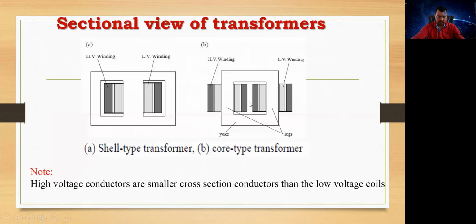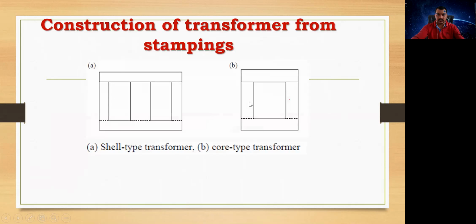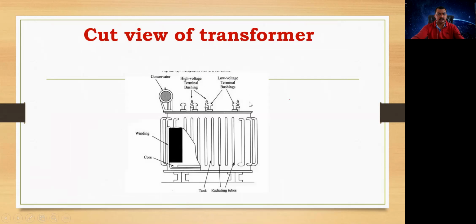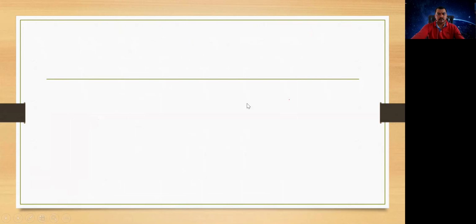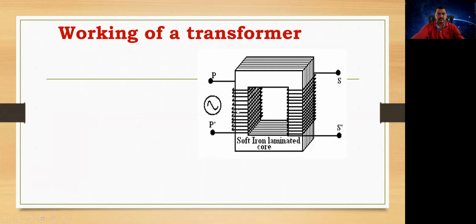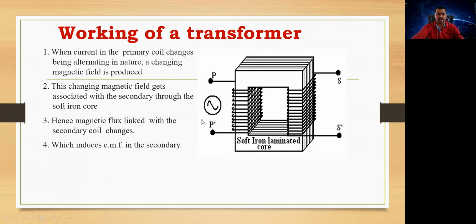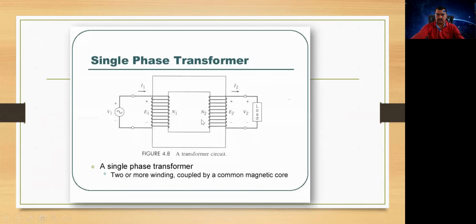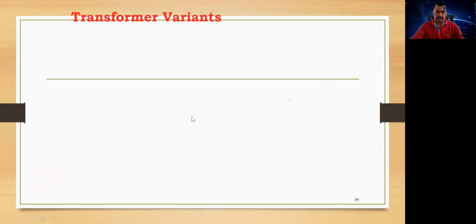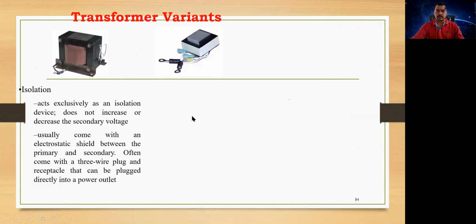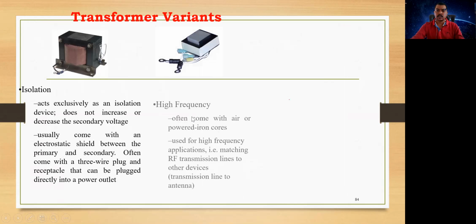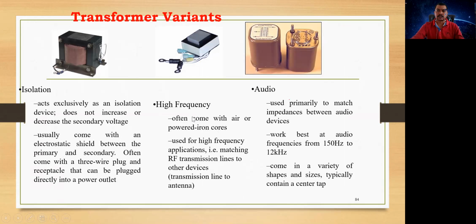These are cross-sectional views, and this is the construction of a transformer. And this is again the basic concept of how the transformer works. These are single phase transformers, and these are some of the variants of transformers that we are supposed to use in practical purposes. So I guess this is enough for today.